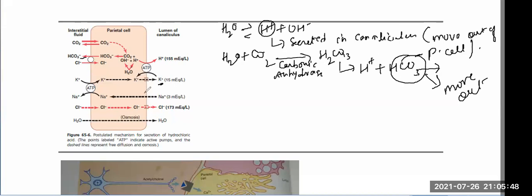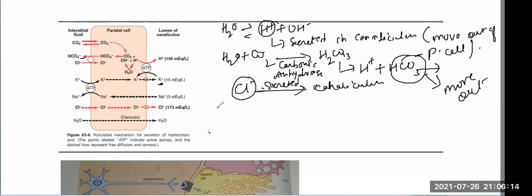And this chloride ion that moved into the cell would be secreted into the canaliculus. Now you have chloride ions in the canaliculus. Earlier you had hydrogen ions in the canaliculus.